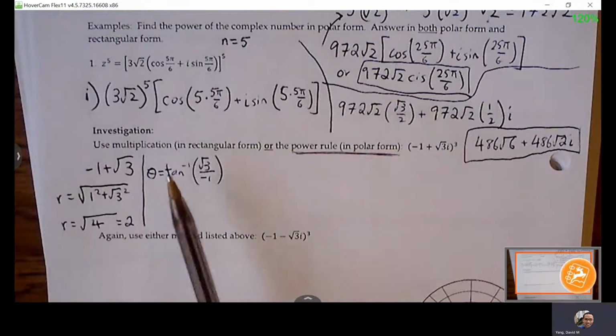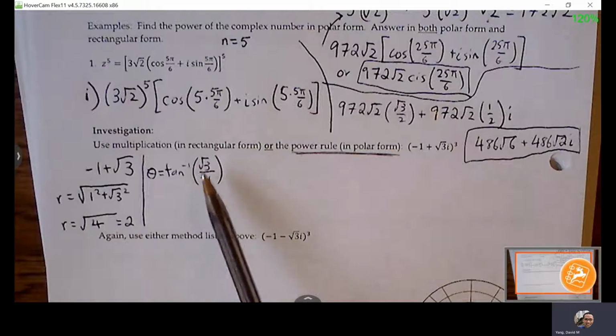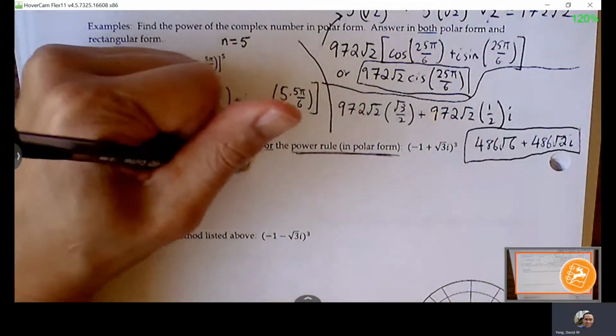Okay, which quadrant? Oh, you do want to make sure that you are in degree mode. It's just faster, easier to interpret that number if we're in degree mode. Okay, -60.